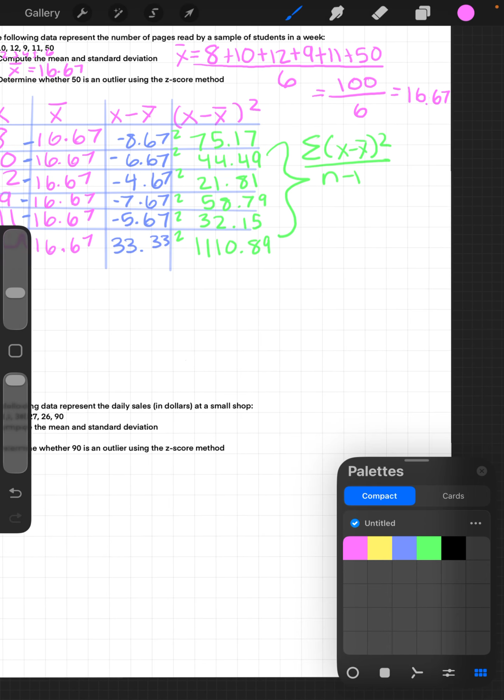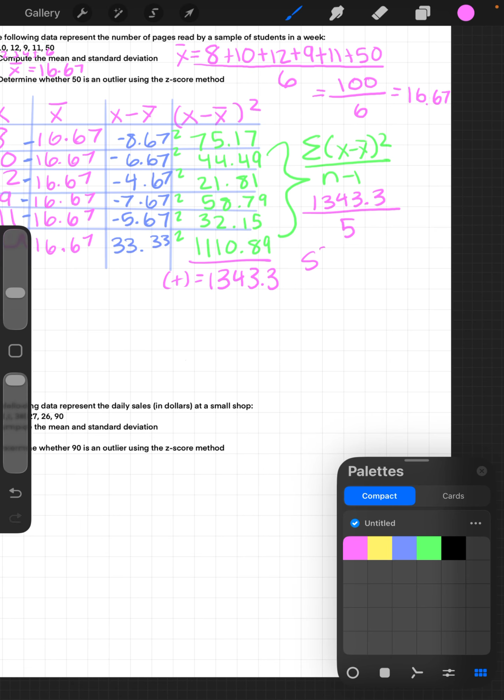So all of this added up is 343.3, so 343.3 divided by 5, which is equal.